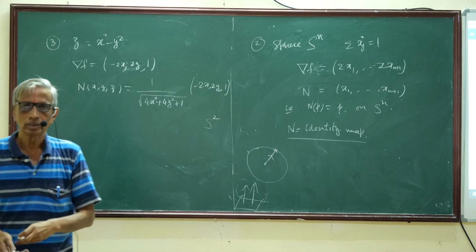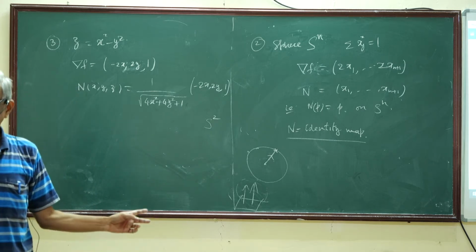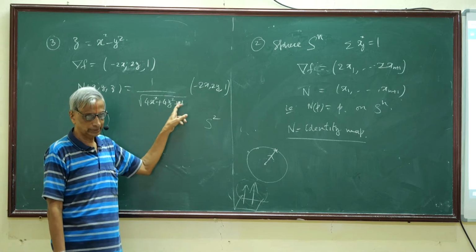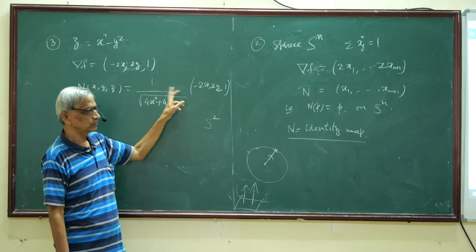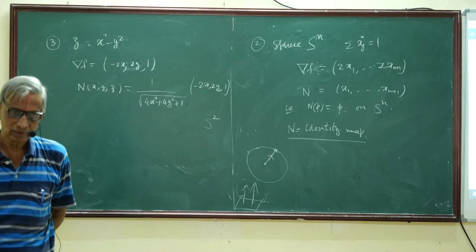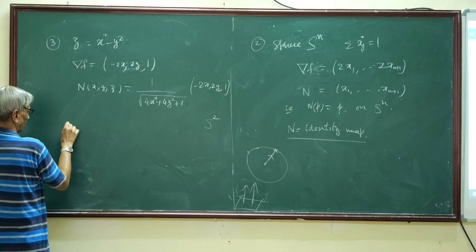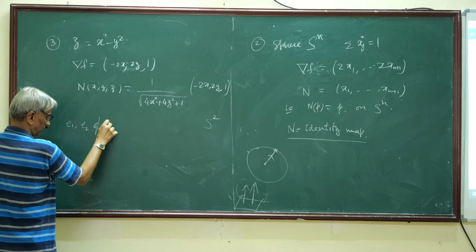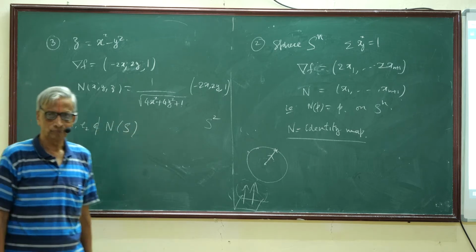So for example, E1, 100 is not in the image. Same thing about E2 also, right? Of course, E3 is there. You can take 001. So E1, E2 are not in the image, for example, right?